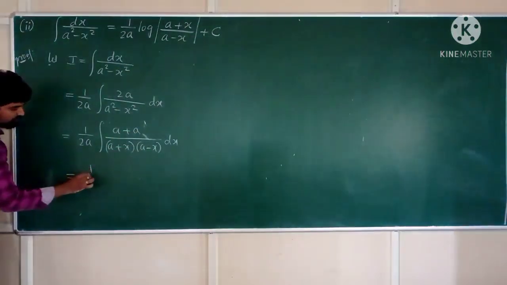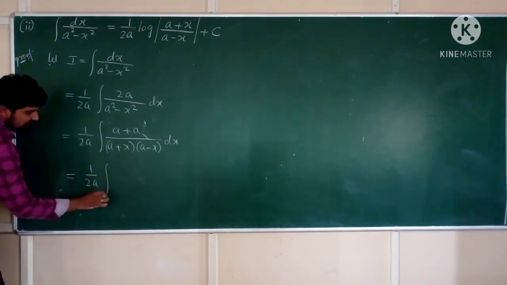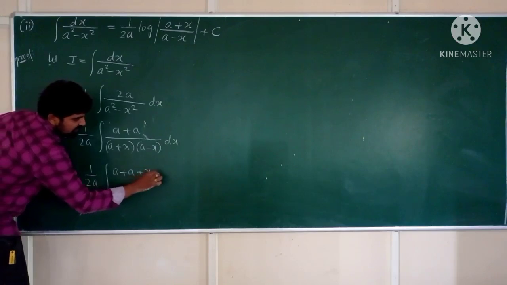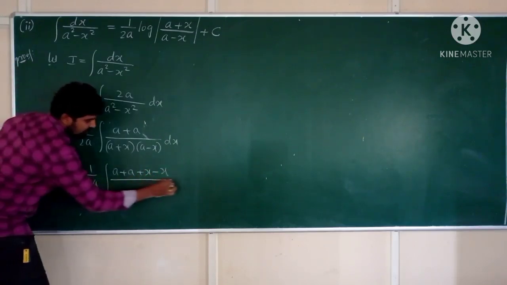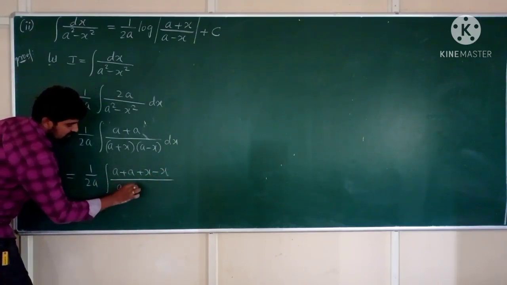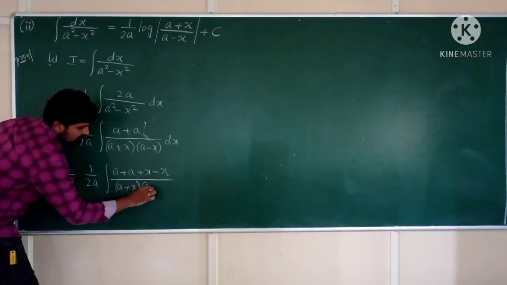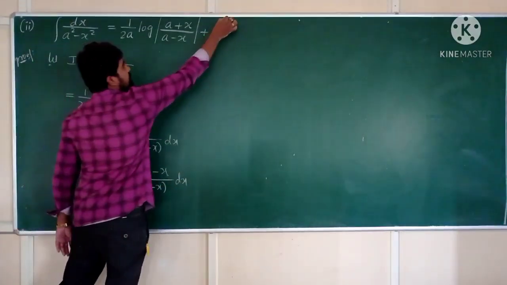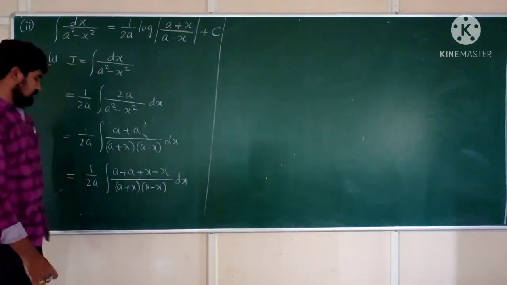Therefore, 1 by 2a into integration of a plus x minus x divided by (a plus x) into (a minus x) with respect to x, dx. I hope all of you understand.